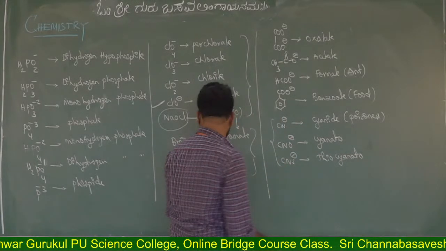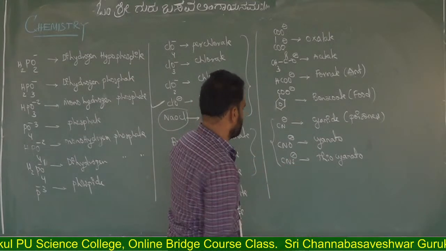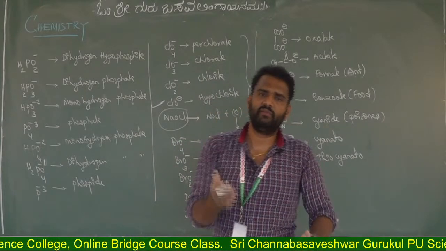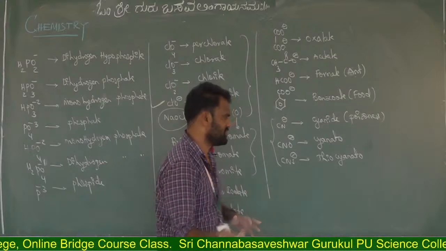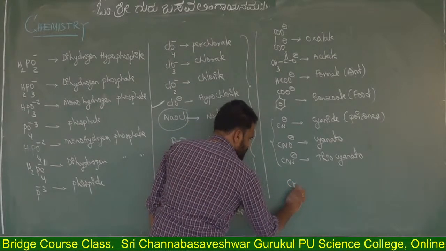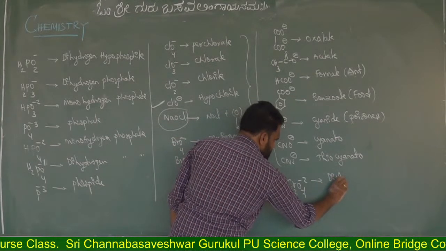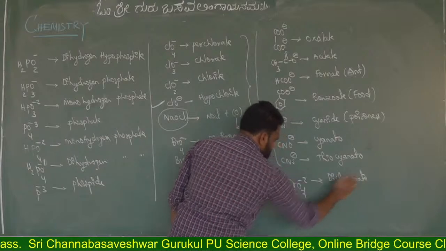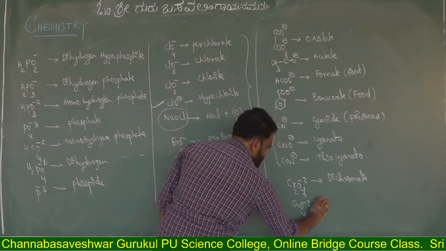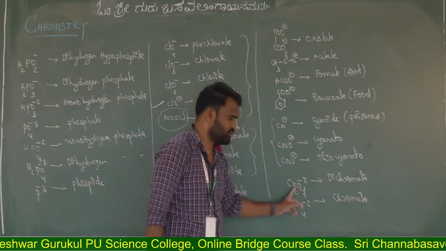Next, some complex anions. D block elements also form some types of anions, like chromium and manganese. Let me take chromium. Cr2O7 -2 is dichromate, and CrO4 -2 is chromate. Sodium chromate and sodium dichromate.